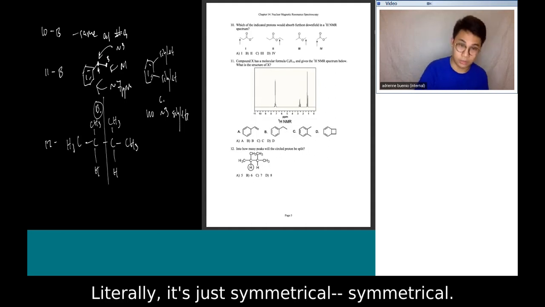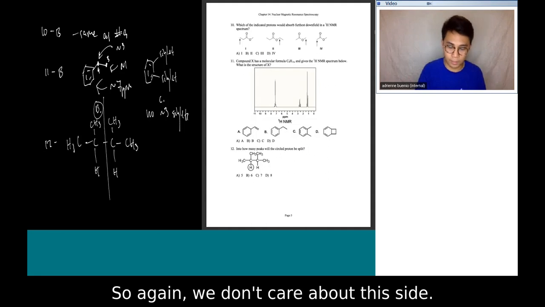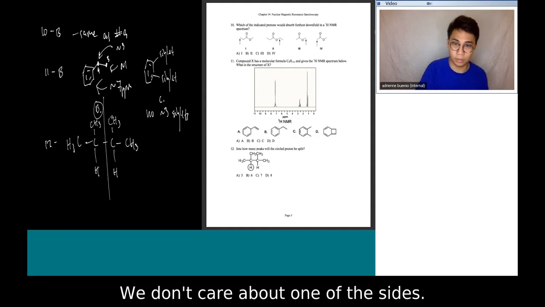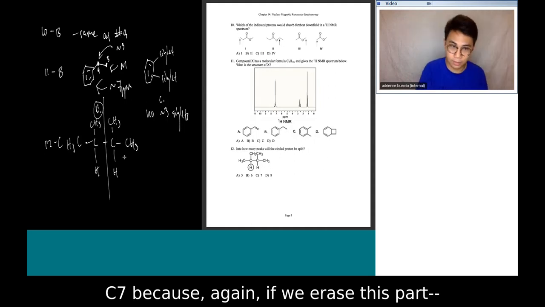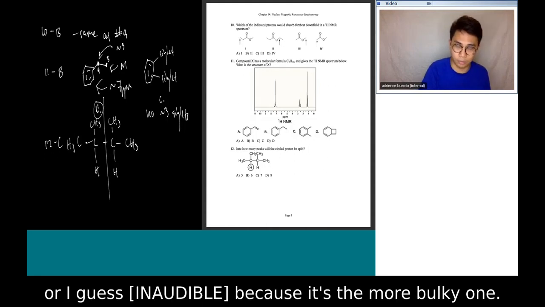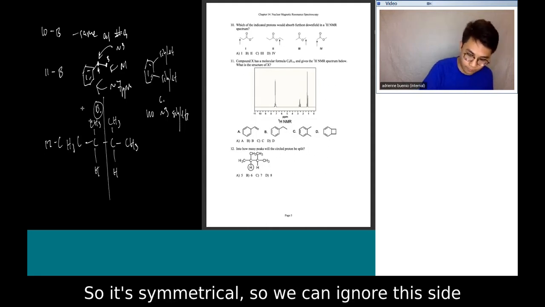Literally, it's just symmetrical, right? So again, we don't care about one of the sides. Oh, and you should have gone for this one, C, 7, because again, if we erase this part, let's erase this part because it's the more bulky one, it's symmetrical, so we can ignore this side, right?